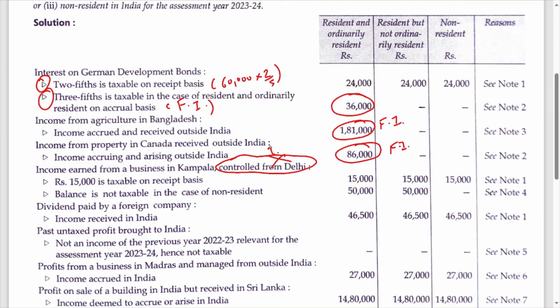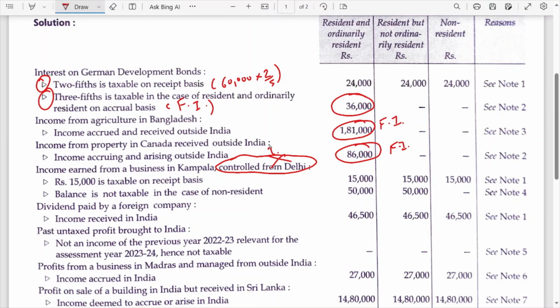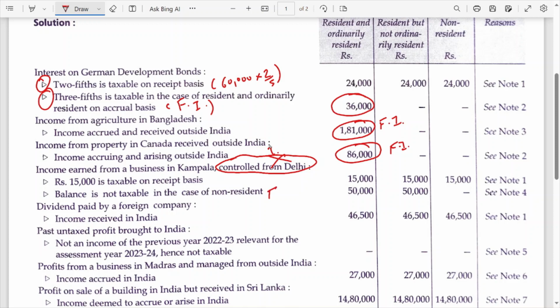That means both situations arise outside India. So this balance is 100% foreign income. But this is a special type of foreign income: it is income from business, and the business is controlled from Delhi, so even though it is a foreign income, it is taxable in two categories, first and second.